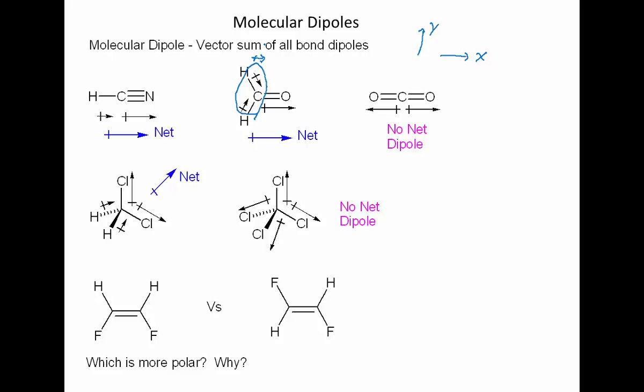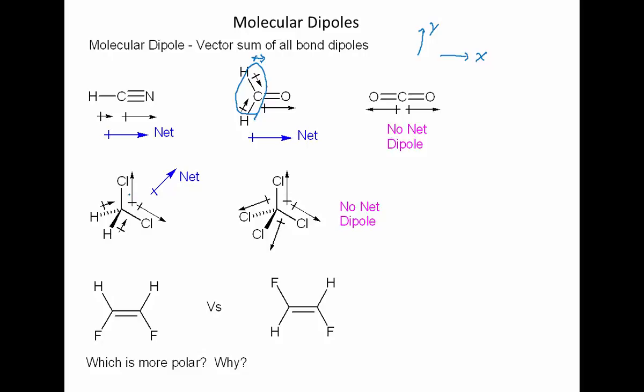Carbon dioxide, we see that the bond dipoles are very strong individually, but they totally cancel each other out, so there's no net dipole in carbon dioxide. Okay, and this one here, it's kind of a complicated story.